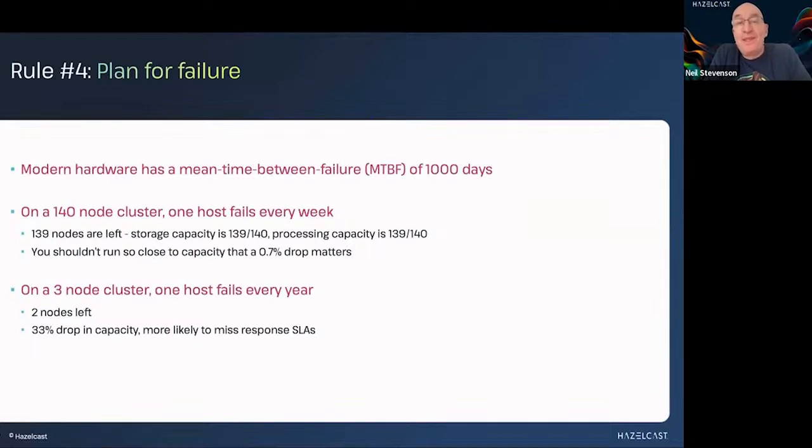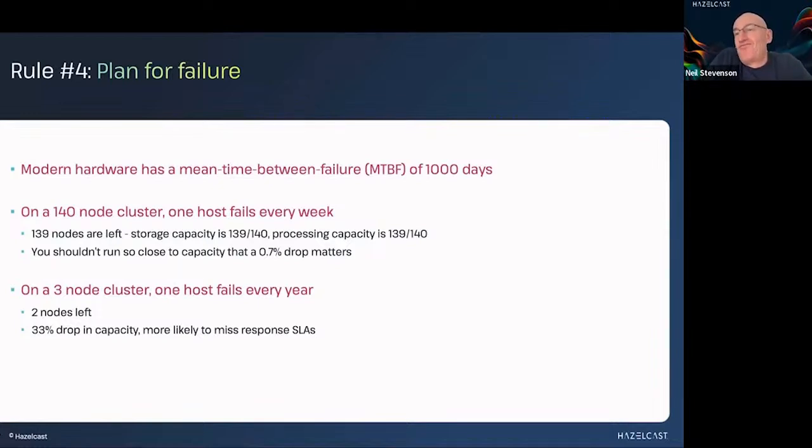Think of it in terms of capacity. If that 140 node Hazelcast cluster loses one node because of a failure, you've gone to 139. Apparently that's a 0.7% deviation, so your cluster is going to run 0.7% slower.